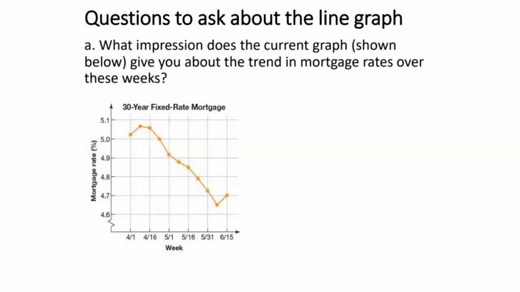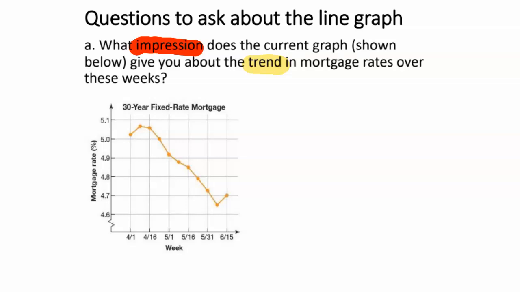Now, these should be something from your past. You should be able to read this particular graph, but there's a little piece that I've got to talk about. You are going to be asked to give an impression. Now, Pearson is going to give you several different reasons to describe the impression of this current graph, and it's going to talk about a trend.